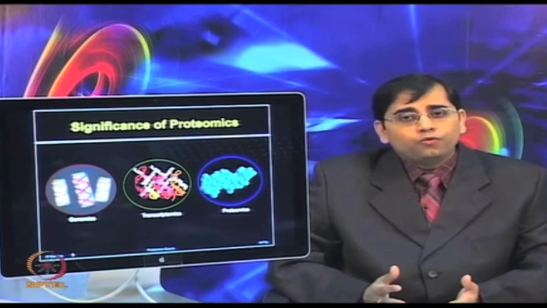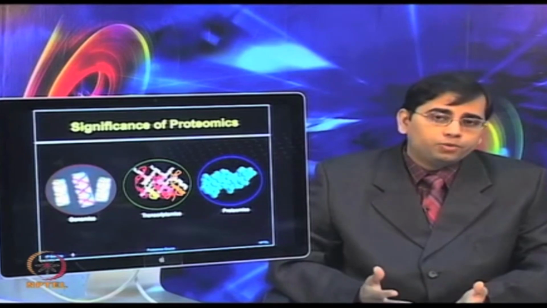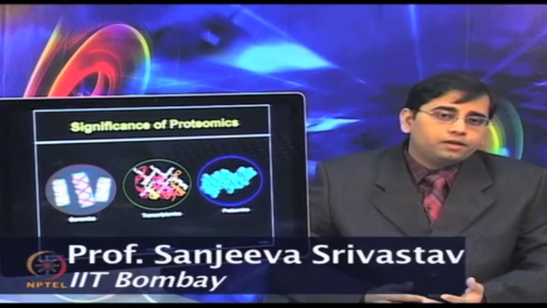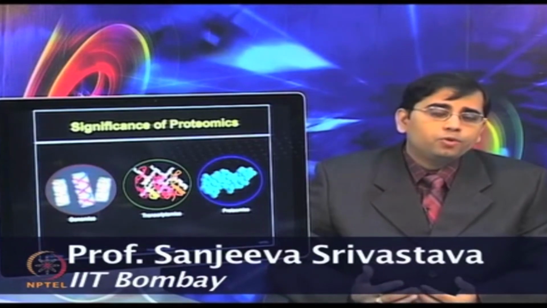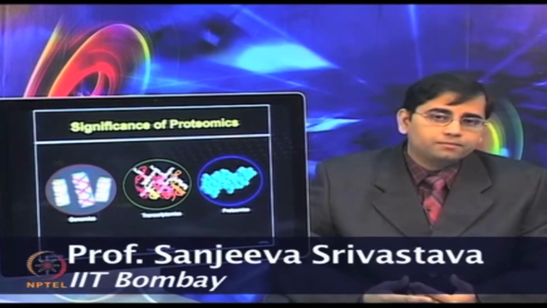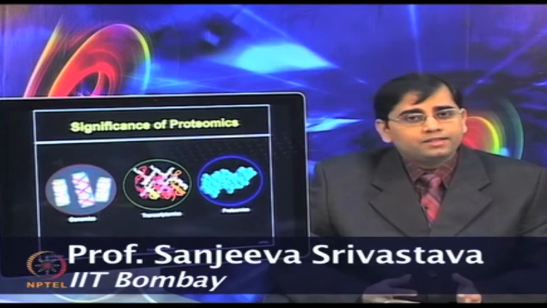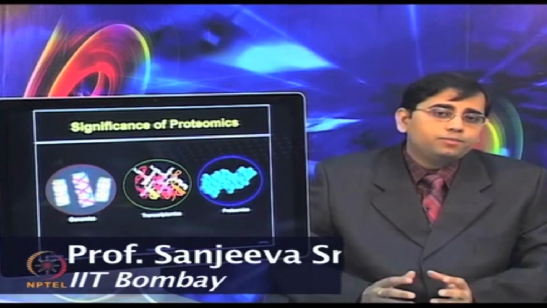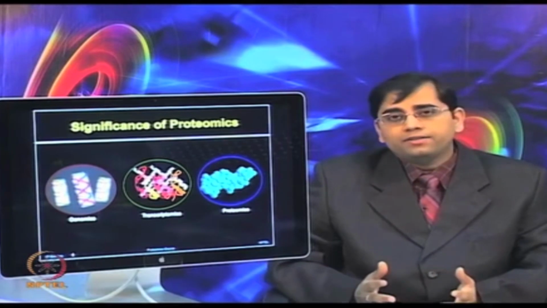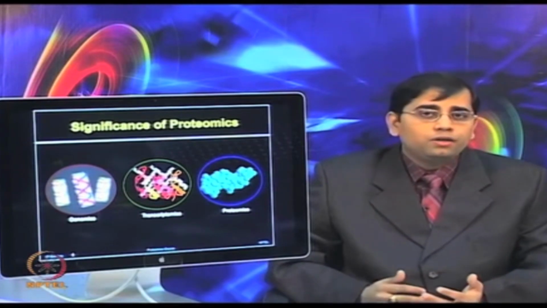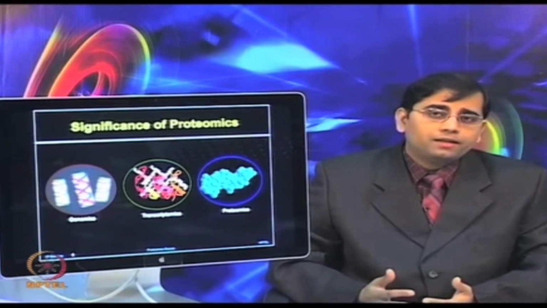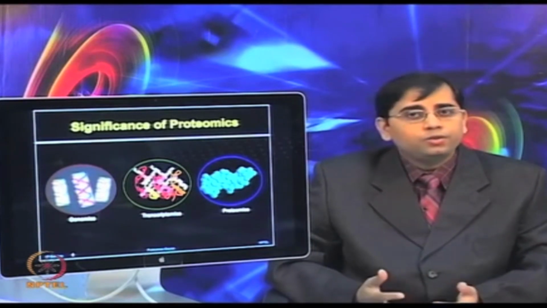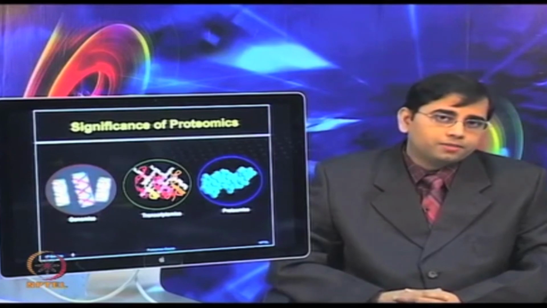A gene can code for several types of proteins because of alternative splicing and post-transcriptional and post-translational modifications. Therefore, it suggests that studying proteins is more challenging than studying the genome or transcriptome. Therefore, proteomics has great significance in understanding biological systems.